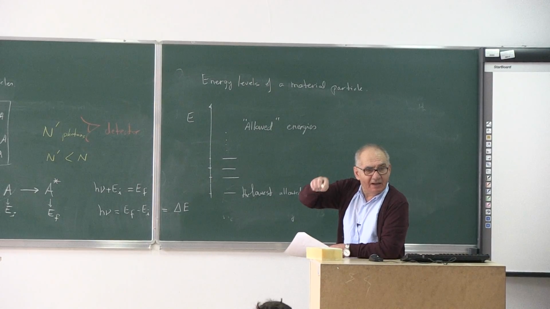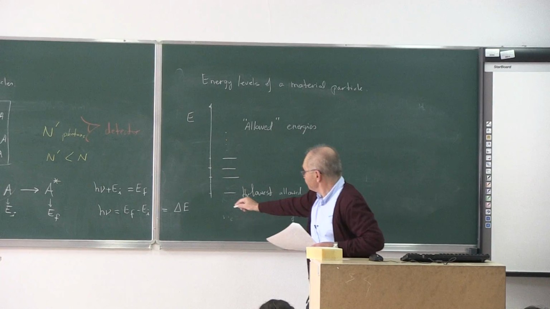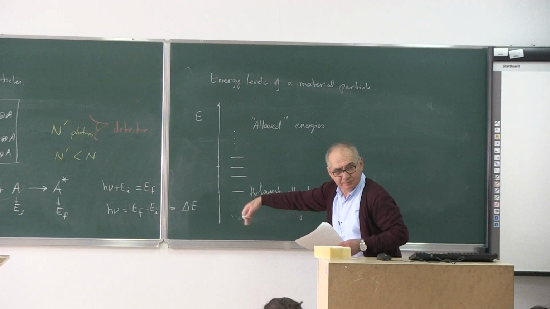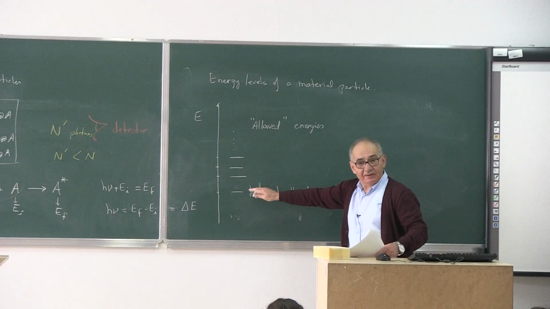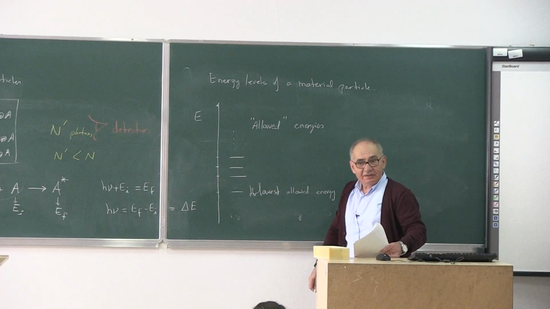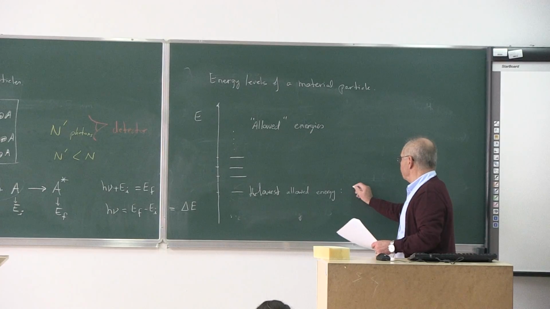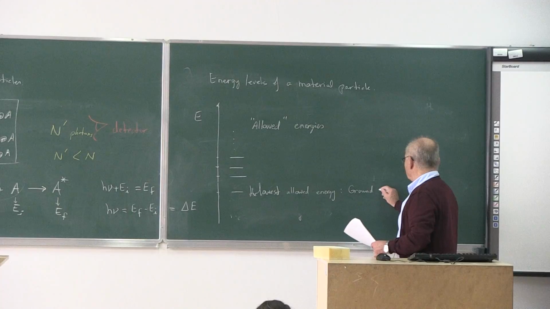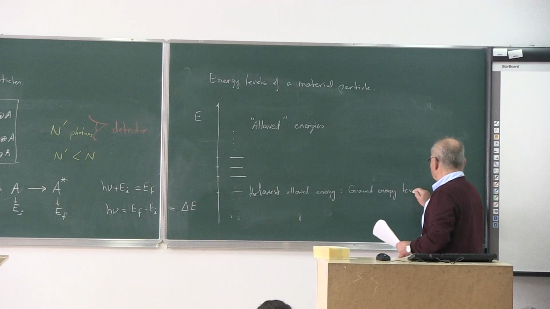Every particle has one energy which is lowest in value. That means there are no lower energies. That's one thing. This lowest value for the energy is called the ground energy level.